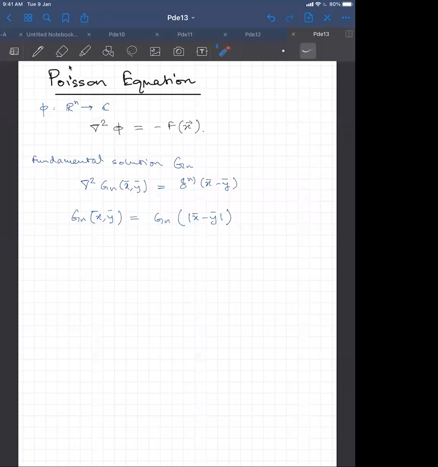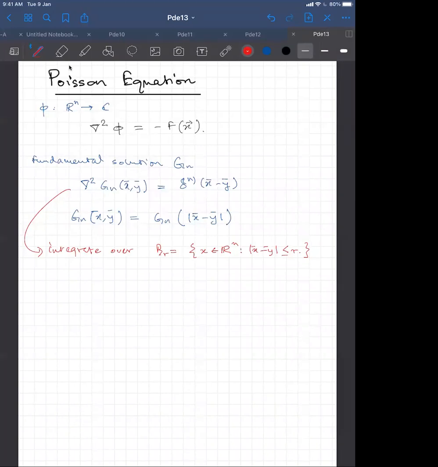So let's integrate over a ball BR, which is x in Rn such that the modulus of x minus y is less than or equal to R. So this is centered around y.